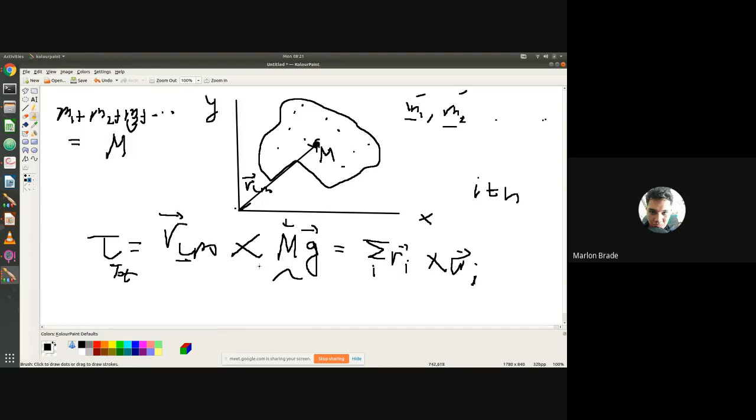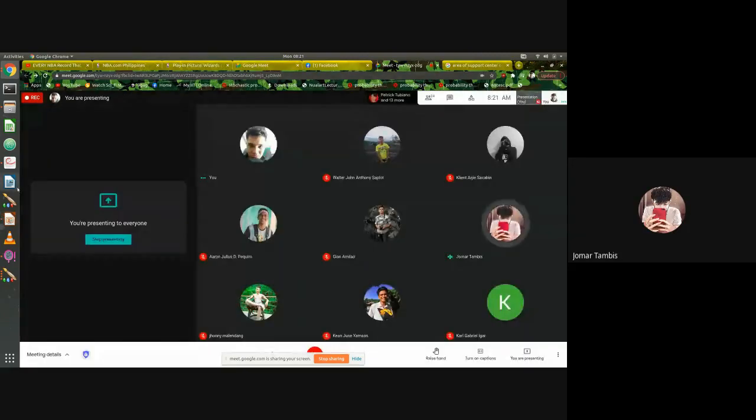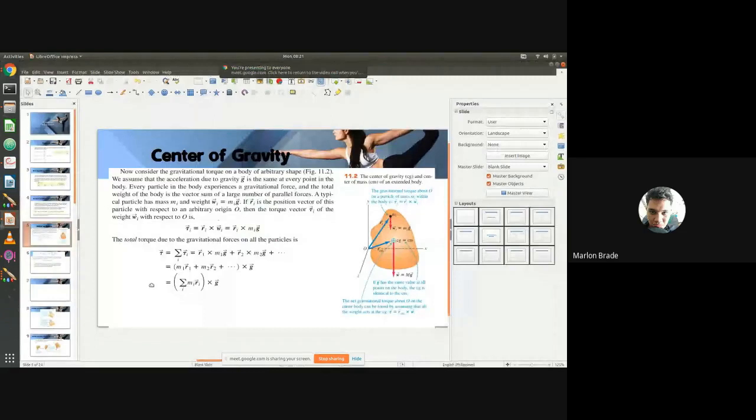Cross product siya sa vector quantity from the origin padulong sa imong center of mass. Mura siya isa lang ka particle nga ang iyang mass concentrated sa center of mass. Nagets niyo? Yes, sir. Okay, so padayon ta.